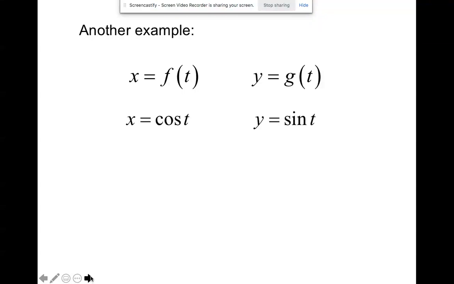So this is the second example. What if I give you two functions in terms of t? x is cosine t, y is sine t. If you were to put this into parametric mode and graph it on the window I gave you, negative 2 pi to 2 pi, you actually get this graph.